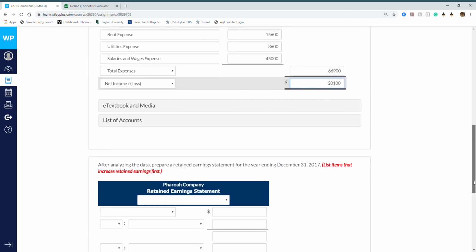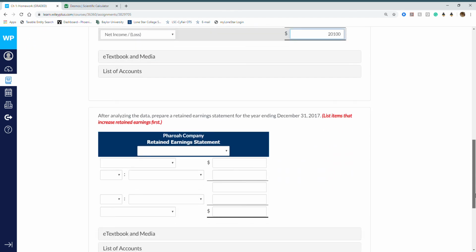Alright. Next, we're going to again do the statement of retained earnings for the year ended. Beginning retained earnings. Let's go ahead and put in our net income. Since it is an income, we can still add it. If it happens to be a net loss, you do subtract.